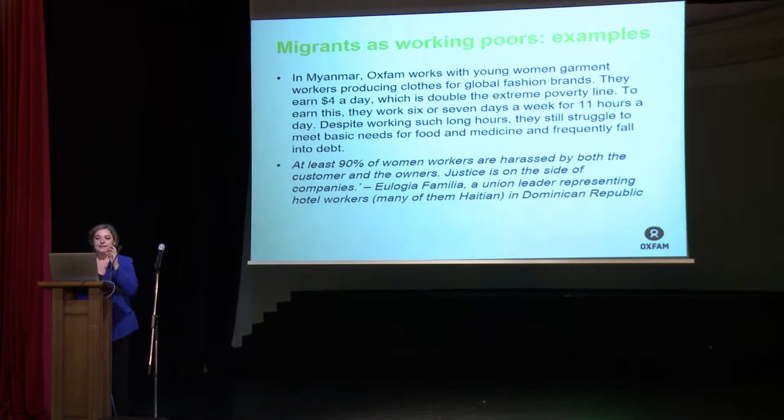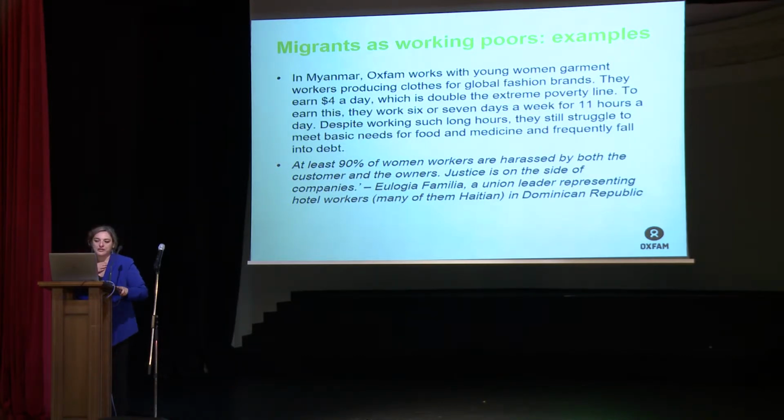And this is the trap that international migrant people are being kept in. I just wanted to highlight some of the examples that Oxfam International has collected in terms of voices of people around the world.